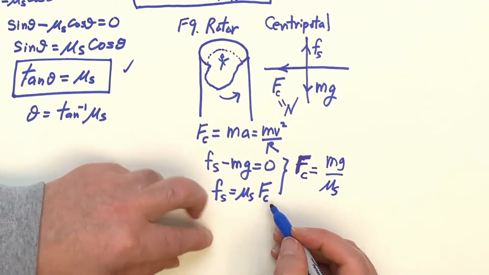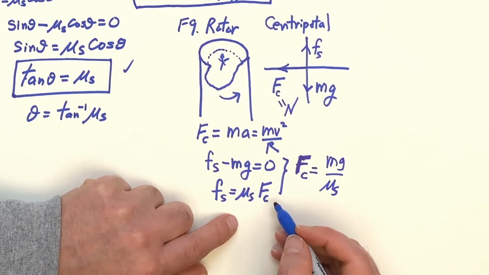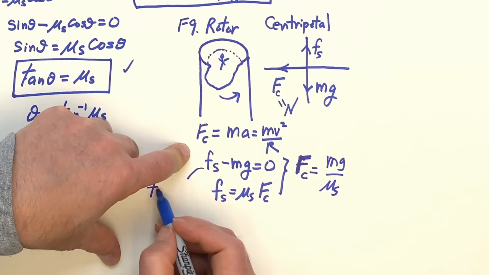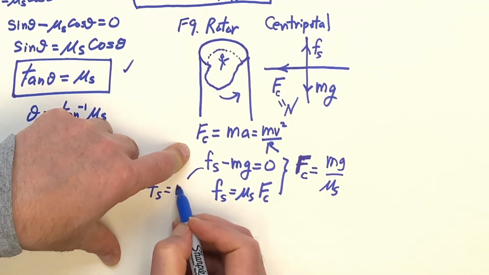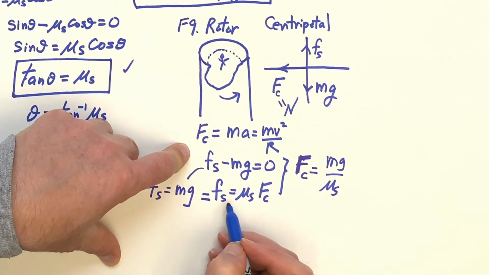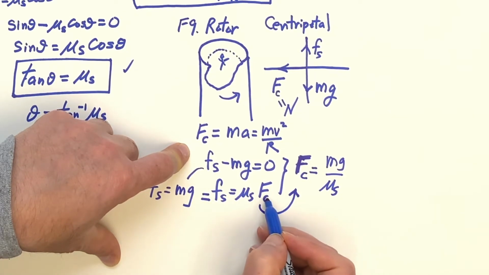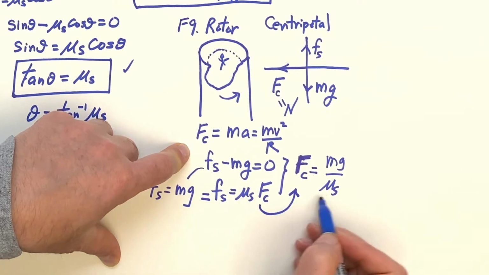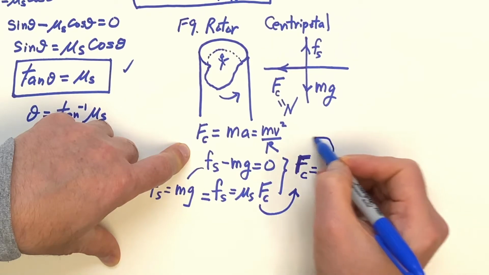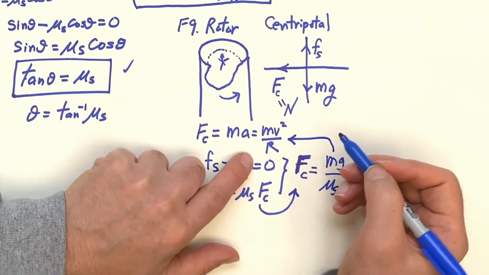So you can do this different ways. The algebra, ultimately we're solving for mu s, but I just noticed that this one gives me mg, and that is that. So I very quickly can get Fc is mg over mu s. So I like doing that. That was my preference there, seeing that relationship.